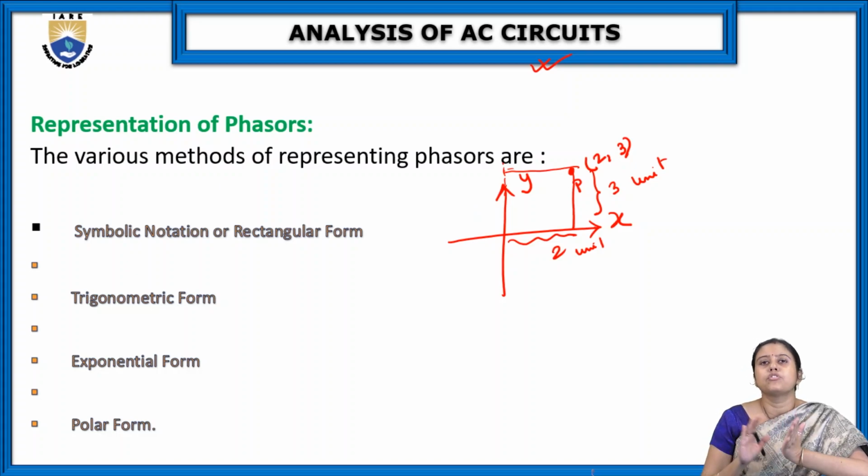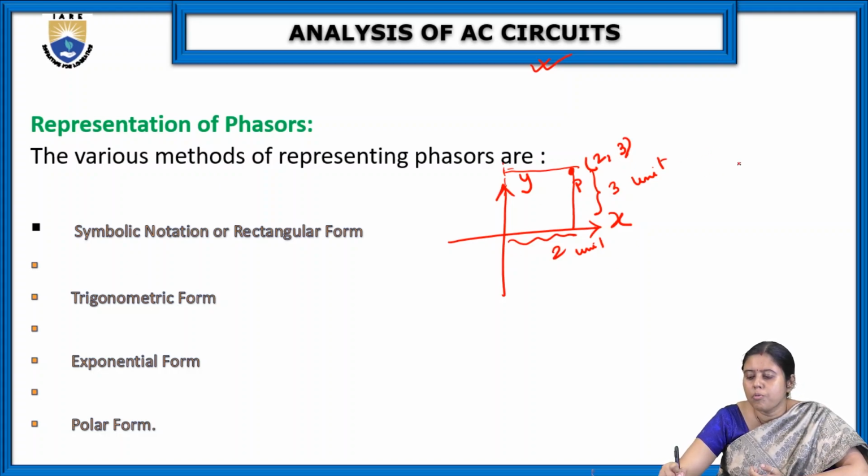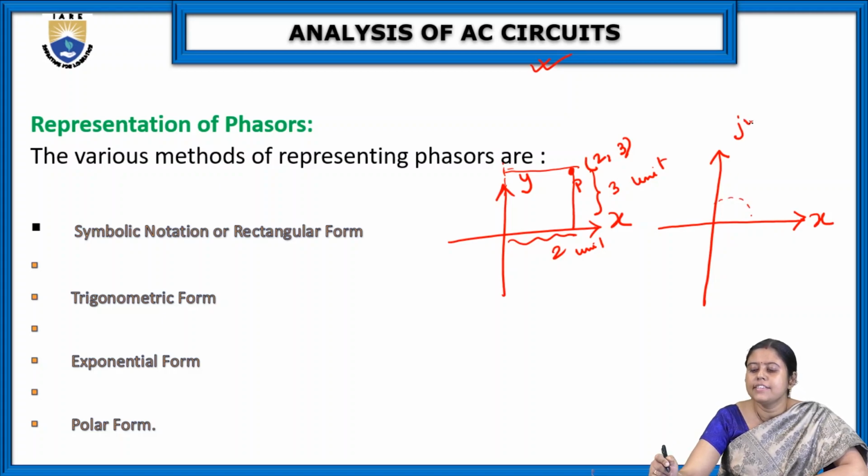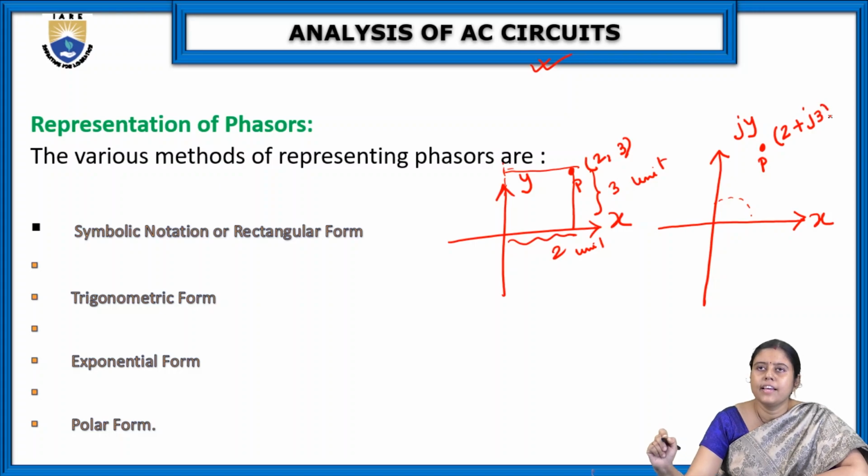Now we are moving to electrical engineering. That was mathematics. When we use the rectangular form, it is x, but for y, as this is the 90 degree direction, we write jy. So the point P will be 2 plus j3.